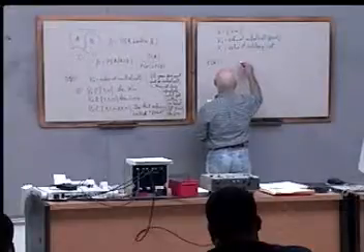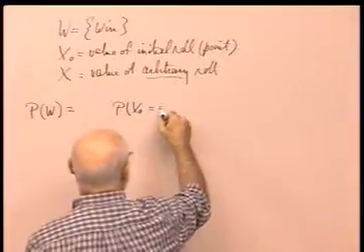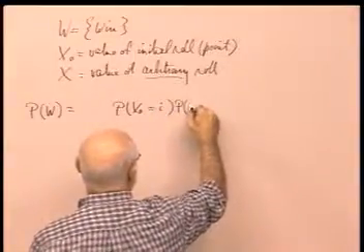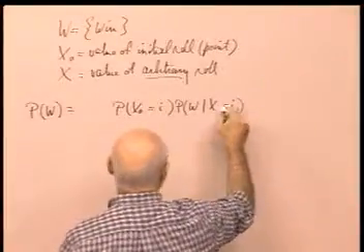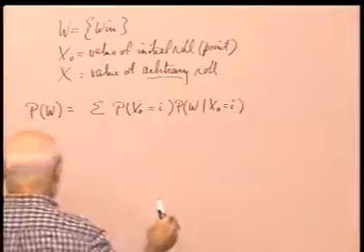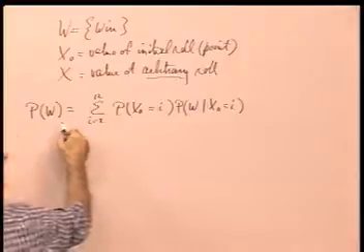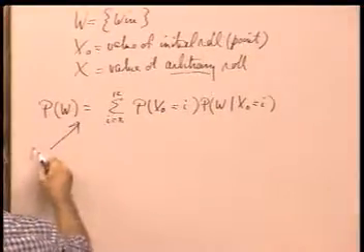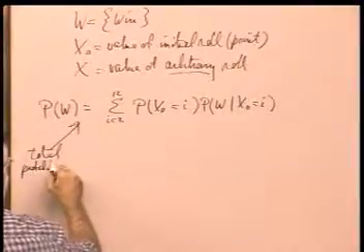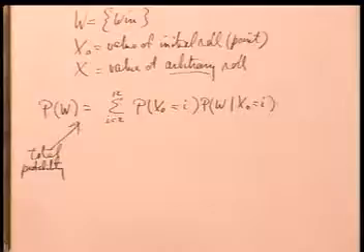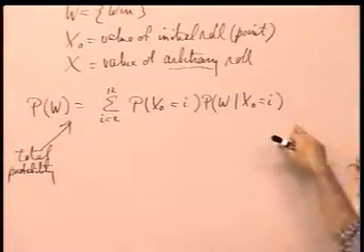This would be the probability that the initial roll takes the value i times the probability that the player wins given that the initial roll is i, summed over all i, which are the numbers between 2 and 12. So this is total probability. This is one of those examples where it's obvious that that's the way to solve the problem. And now all I've got to do is fill in the stuff on the right-hand side.